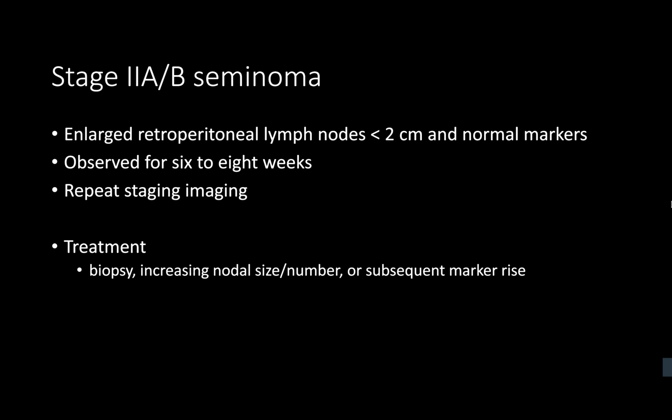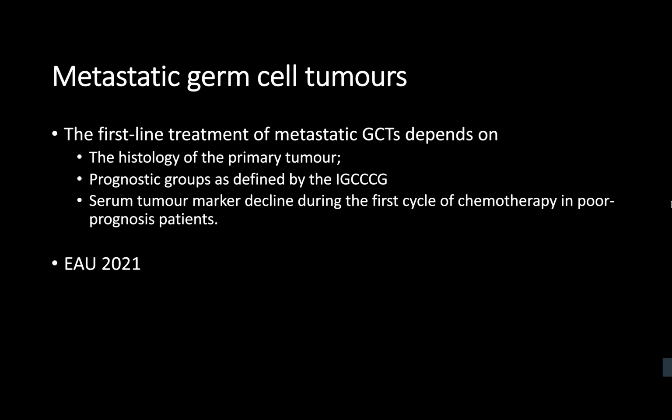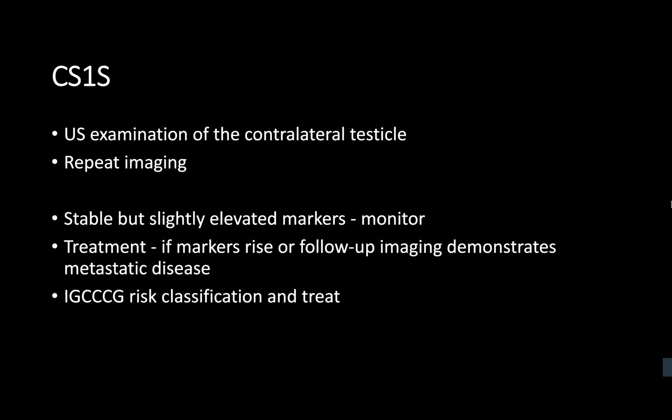Well done. What is clinical stage 1S? So 1S means that a patient is having a high level of tumor markers, which is less than 1.5 of LDH, alpha fetoprotein up to 1,000, and beta HCG up to 5,000.